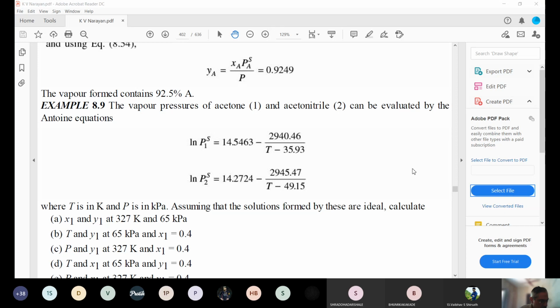हो गया P1s P2s? Yes, sir. कितना आया? P1s 94.359 kilopascal and P2s is 44.0225.